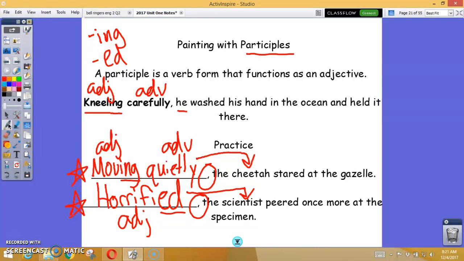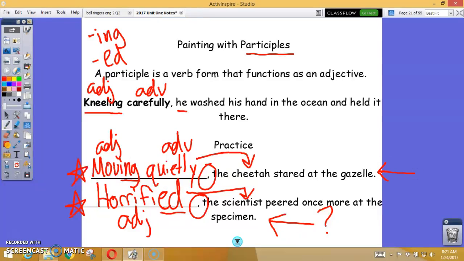Now that said, you can actually put this at the end, but the key thing is, what is it modifying? If you want to modify the specimen, you can do that. You can put a comma and then put a participle there at the end talking about the specimen or the gazelle, if you would rather.